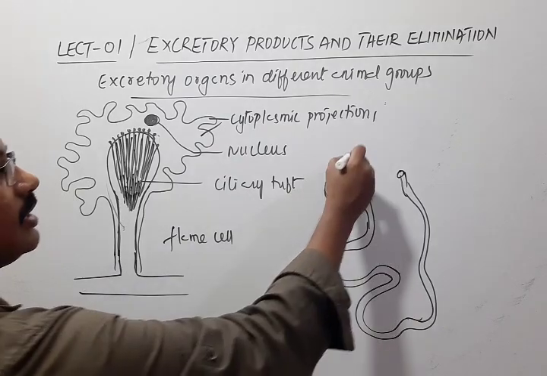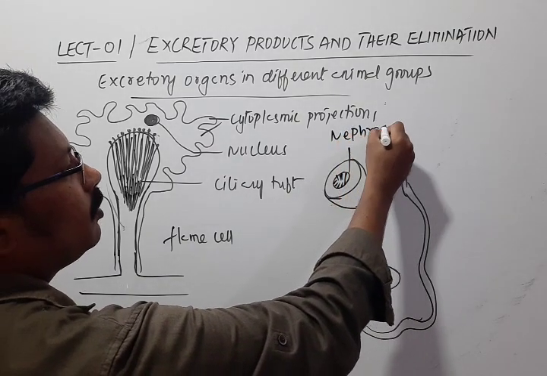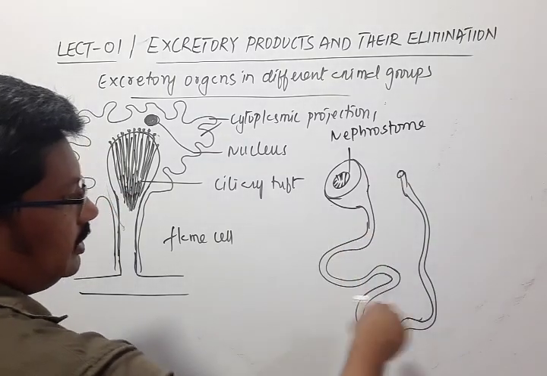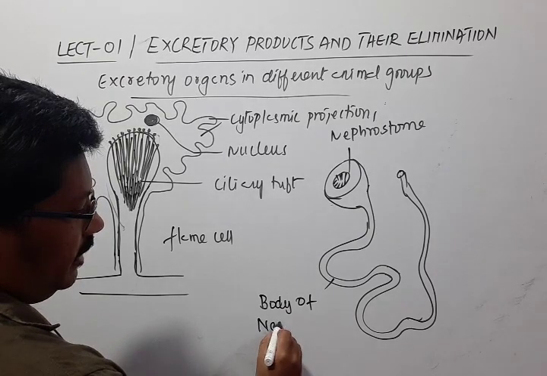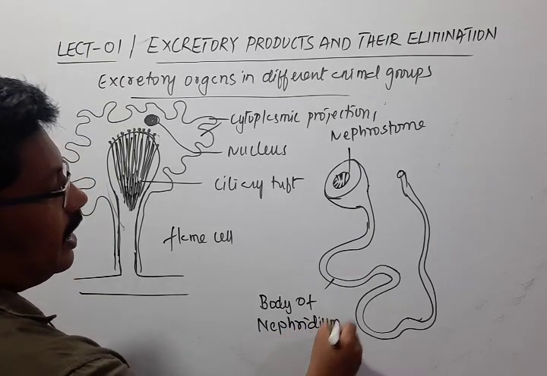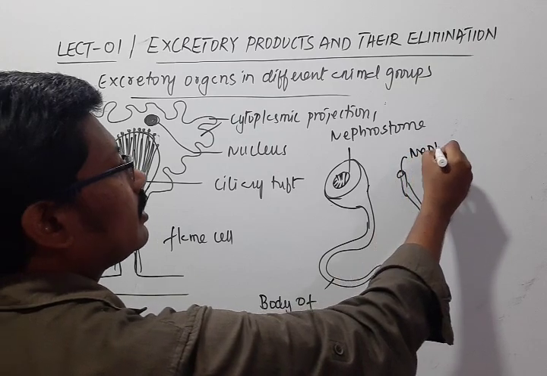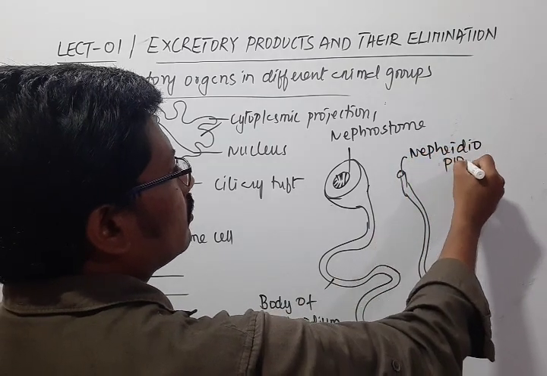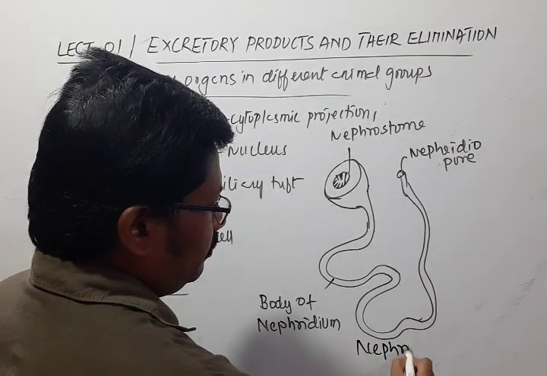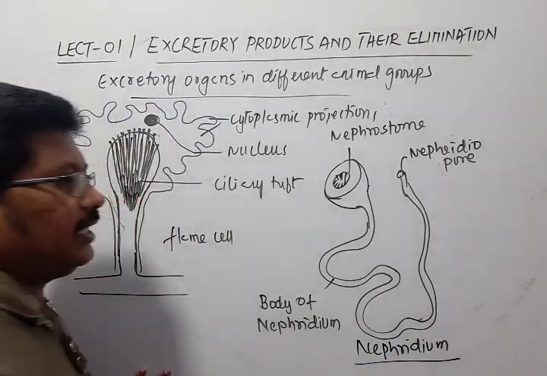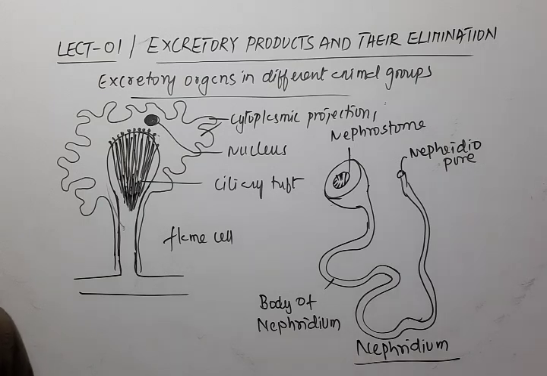This is the nephrostome, the opening of nephridia, and this all I'll simply call the body of nephridium, and this opening is called nephridiopore. This is the nephridium, singular, nephridia plural. So this is how nephridium is seen in earthworm, and how you see flame cells in platyhelminthes.